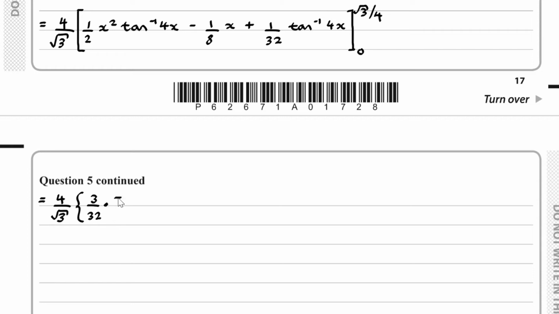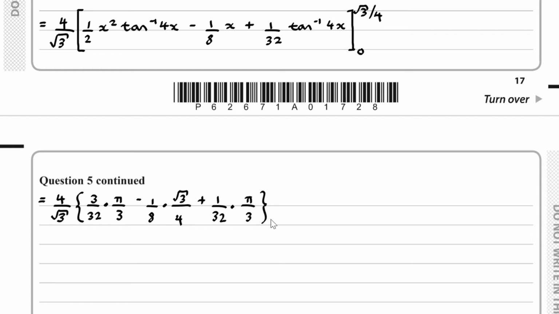So we're going to multiply this by pi over 3, and then we've got minus 1/8 times by x. X over here is root 3 over 4, so that's our upper limit. And then we've got 1 over 32 multiplied by, as we just said, pi over 3.